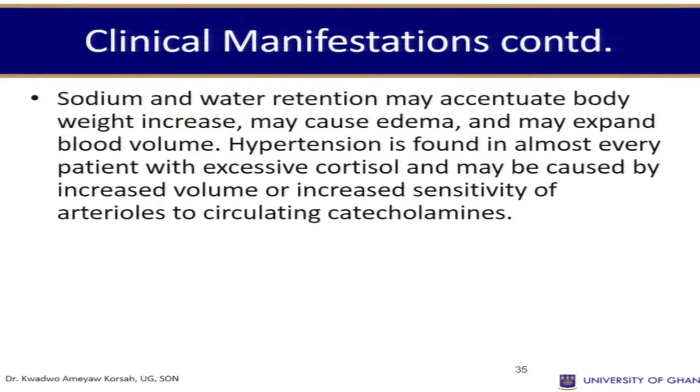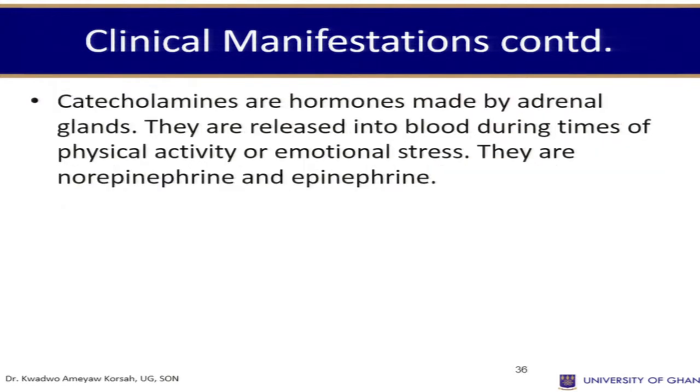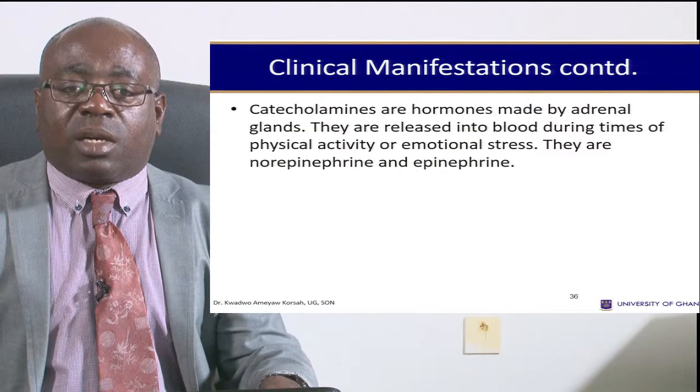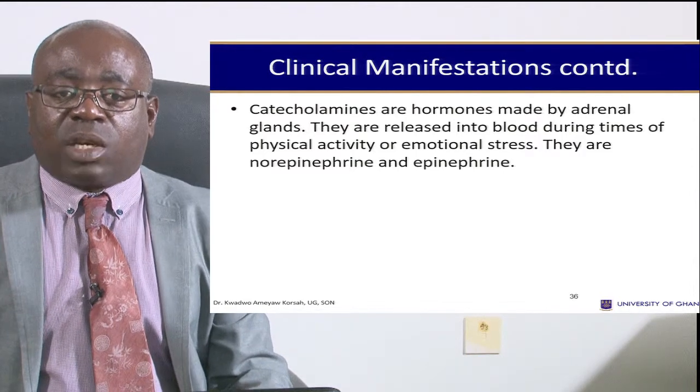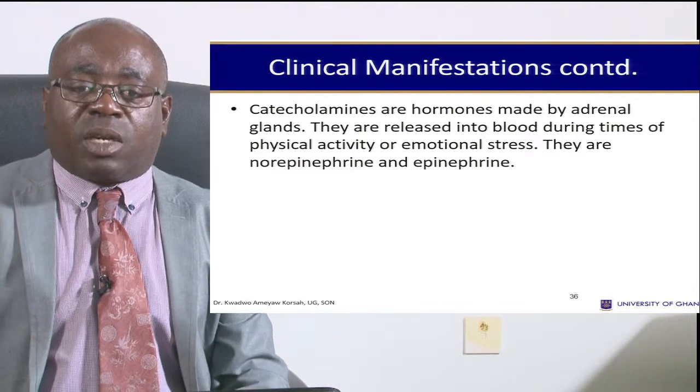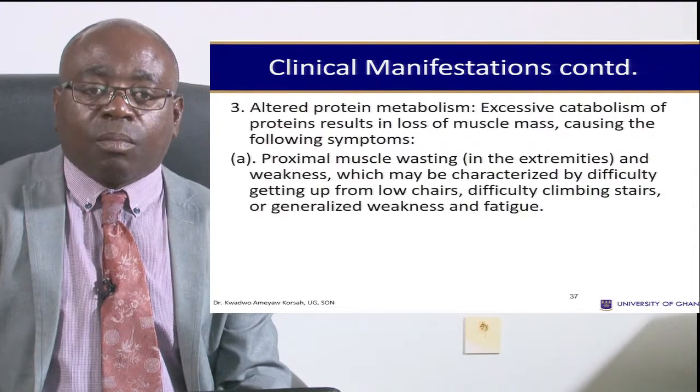In actual sense, hypertension is found in almost every patient with excessive cortisol and may be caused by increased volume and increased sensitivity of arterioles to circulating catecholamines. This is exactly what we see in these people. Catecholamines are hormones made by the adrenal glands and released into the blood circulation during physical activity or emotional stress, and they are norepinephrine and epinephrine.